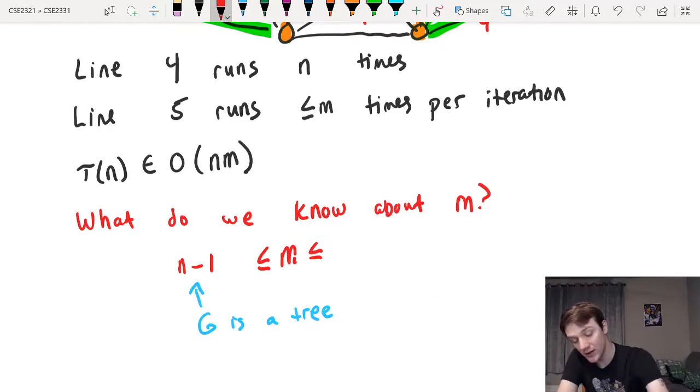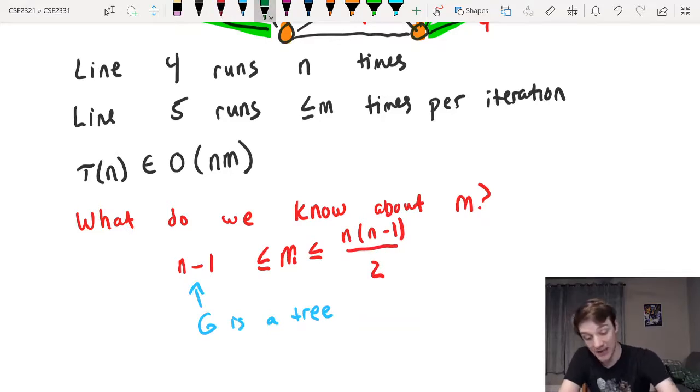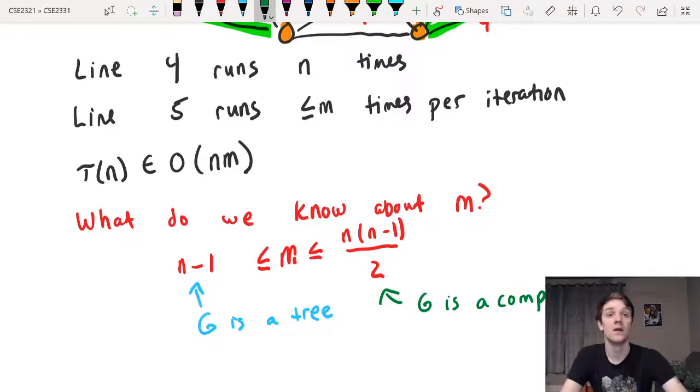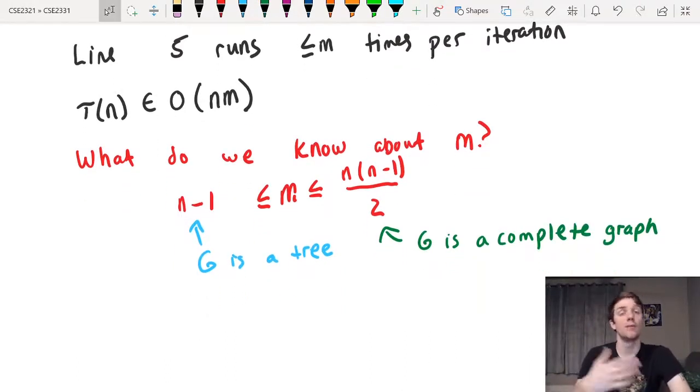The alternative, the absolute most we could have, is n times n minus 1 over 2, which you might remember as G is a complete graph. So we're bounded between these.